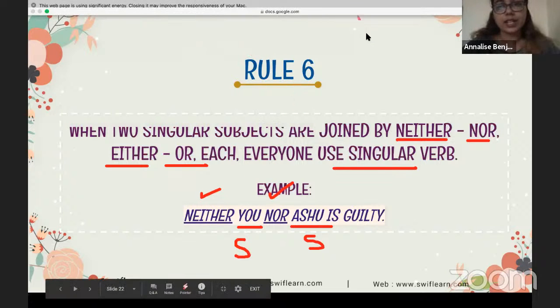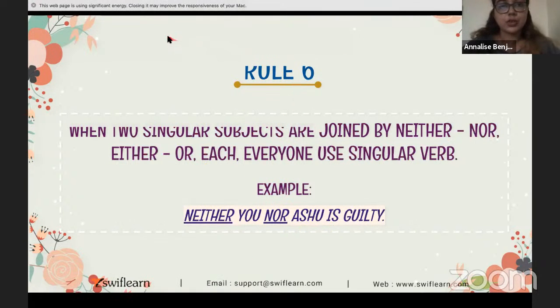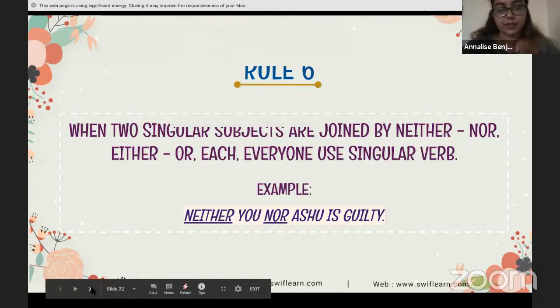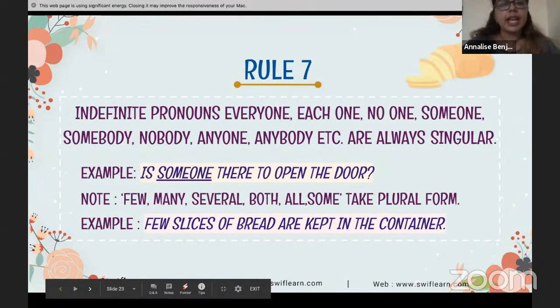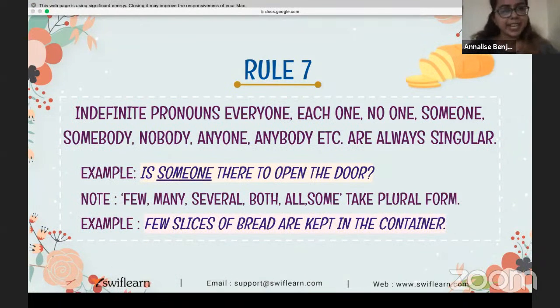Let's move on to our next rule, which is rule number 7. In rule number 7, we are talking about indefinite pronouns. What are these indefinite pronouns? Whenever we are talking about something where we are not giving complete information, we are not telling everything about our subject, that's when we use indefinite pronouns.